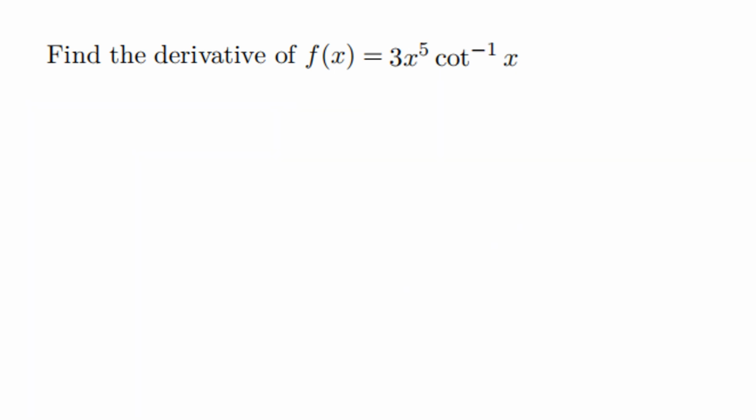Again we have same type of product rule here. So find the derivative of f(x) equal to 3x power 5 cot inverse x. Here also product rule we can use. What is f(x)? f(x) equal to 3x power 5 cot inverse x.